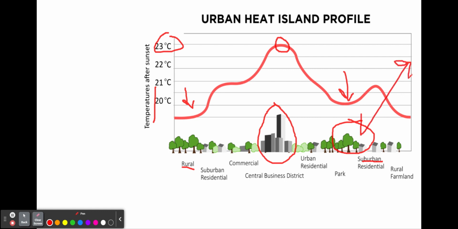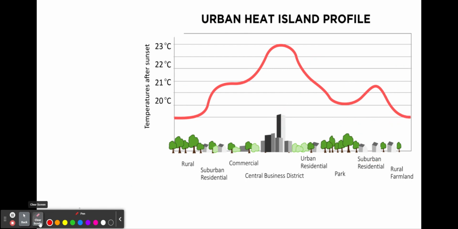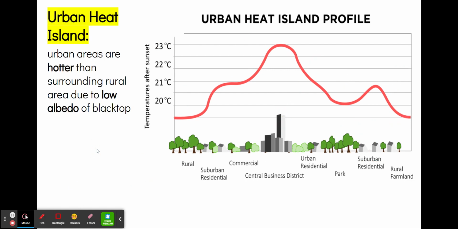They reflect more sunlight, meaning that it's colder. Whereas in urban areas, they absorb the sunlight due to low albedo. And this is something called the urban heat island effect. So the urban heat island is when urban areas are hotter than surrounding rural areas due to low albedo of blacktop.